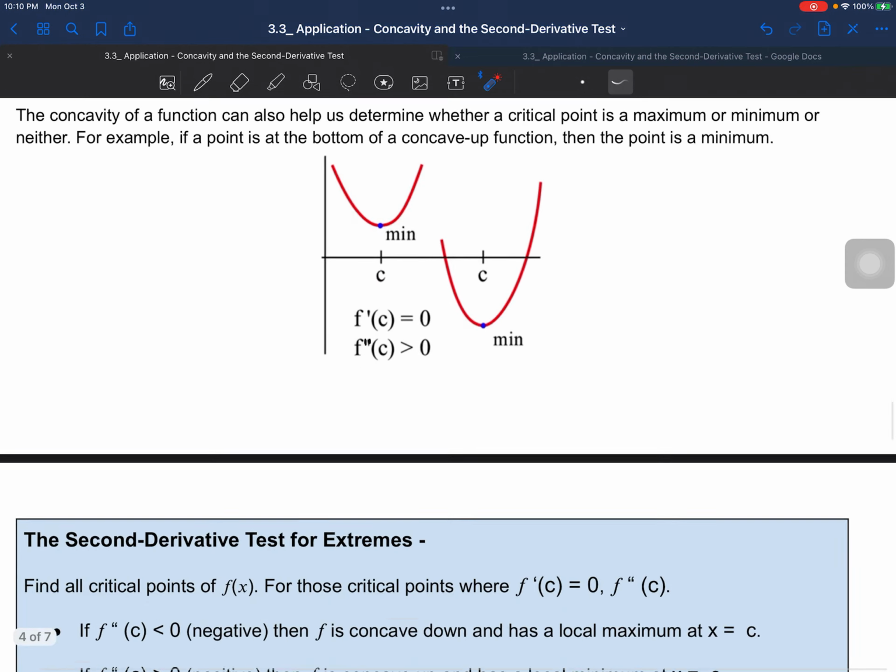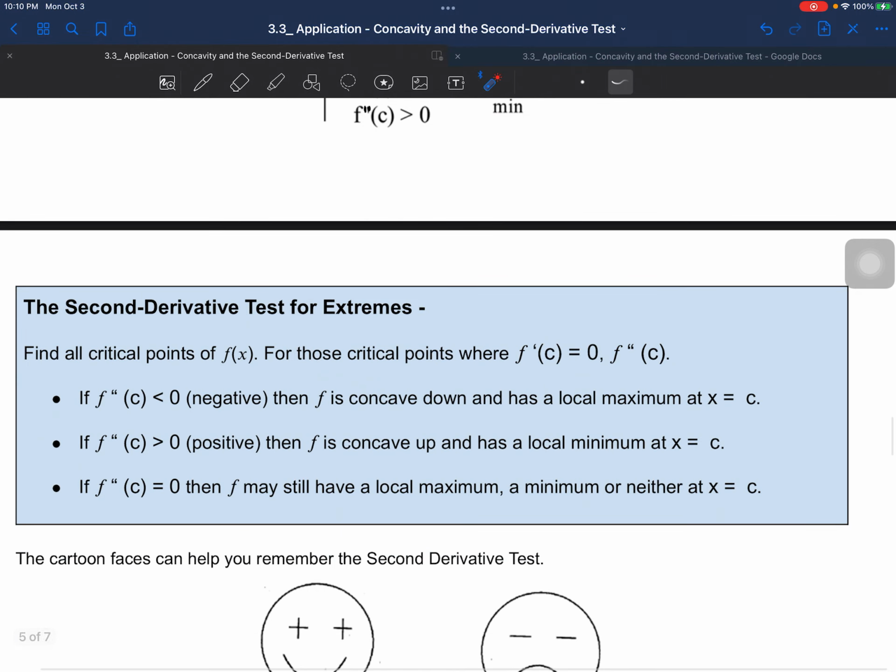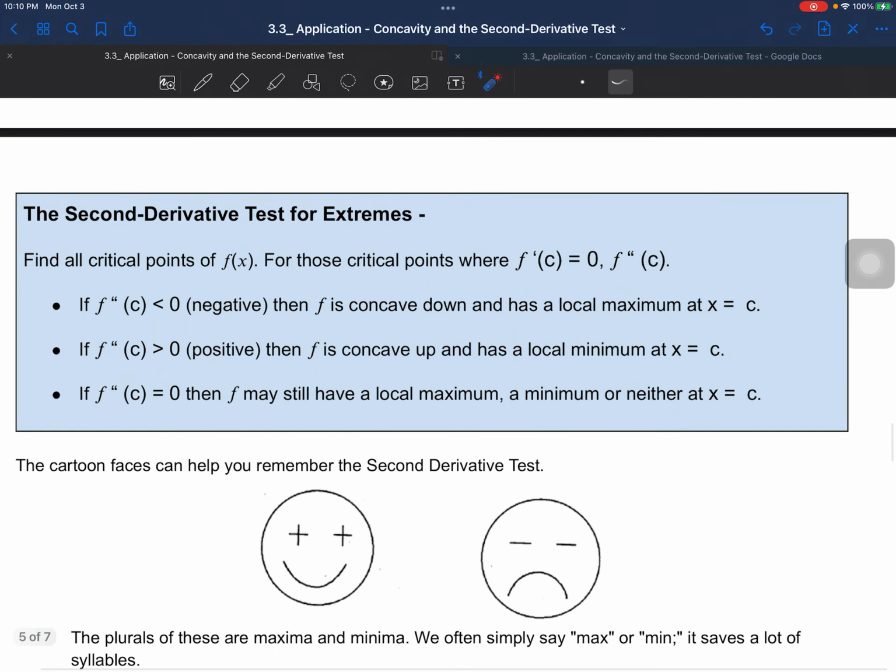In that case, this will be a local max. And that's pretty much the way we're going to use this test. Sometimes it's easier to use the second derivative to determine whether it's a local max versus doing the first derivative test, where you have to test every single point in between those intervals.